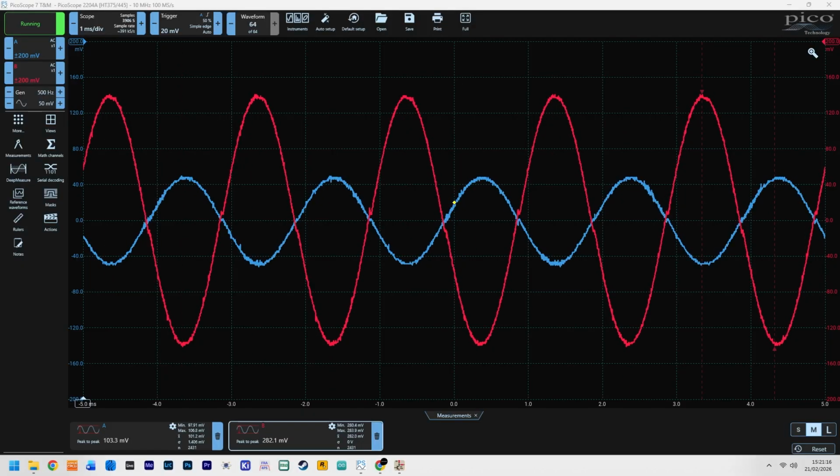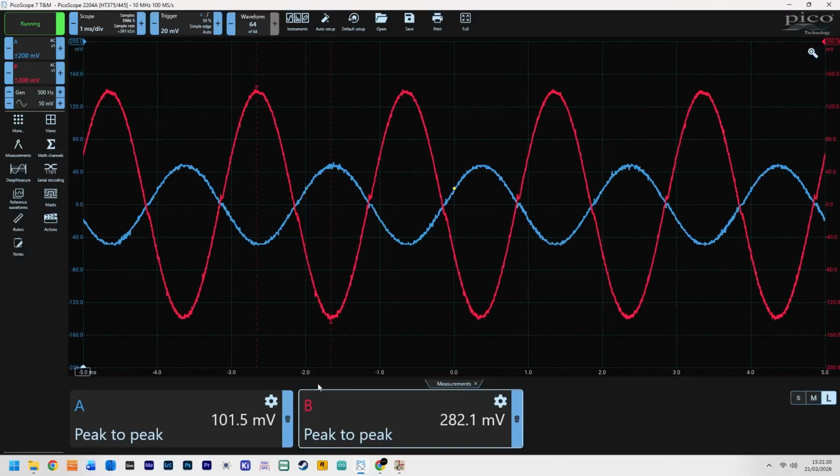And down the bottom, you can see, I'll make them a little bit bigger. You can see these numbers jumping around a little bit. If I pause it, you can see the numbers here on channel A. We've got our 100 millivolts input. And on our output, we've got our 282 millivolts output.